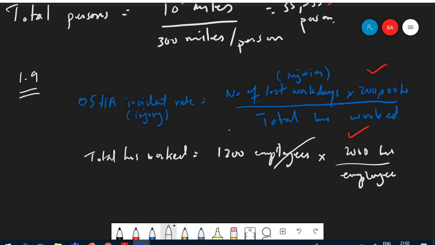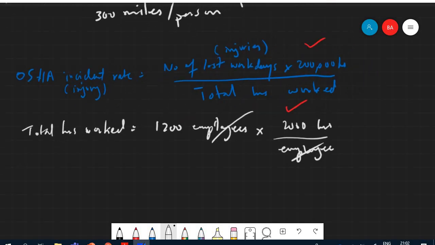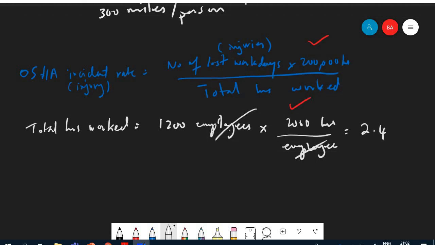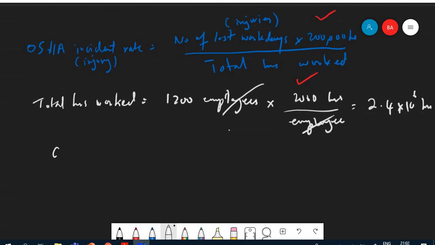This will be equal to 2.4 times 10 to the power 6 hours. If I calculate this, now I can calculate my OSHA injury rate, because here he's talking about the injuries as an incident.